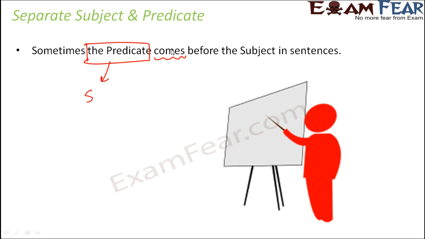So with this, we have reached towards the end of this lesson, and I hope that the concept of subject and predicate is now clear to you, because as I mentioned, subject predicate seems to be a very simple topic, but you really need to understand the concept very well, so that no matter whatever sentence is given to you, you should be able to identify the subject and the predicate.